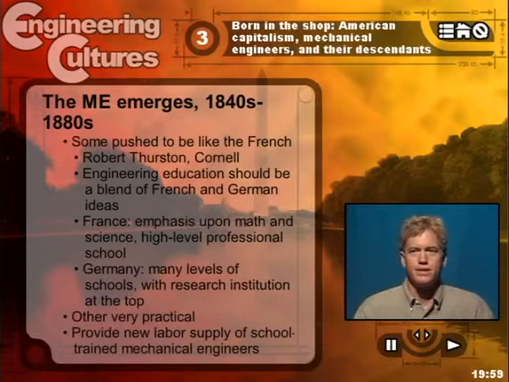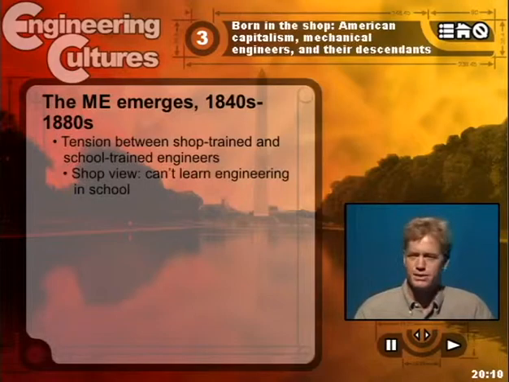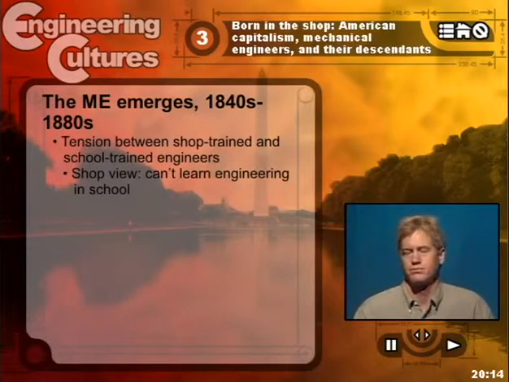Now, early on, initially, there was a great tension with the engineers trained in the shops. The shop people took the position, because of the emphasis on practical knowledge, that there's no way you can teach this knowledge in schools, in classes. How could a school pretend to be able to teach engineering?